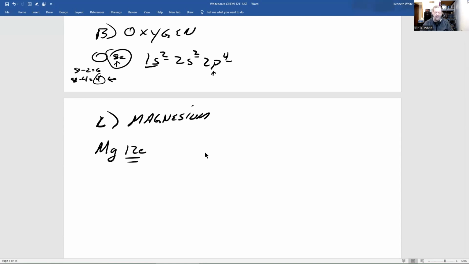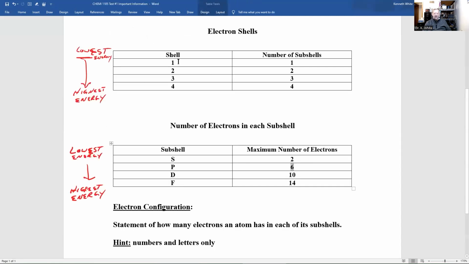Now, you fill the first shell and subshell. That's 1s. In case you forgot, you fill the lowest energy shell and subshell. Shell 1 has only one subshell, and that lowest energy is 1s.